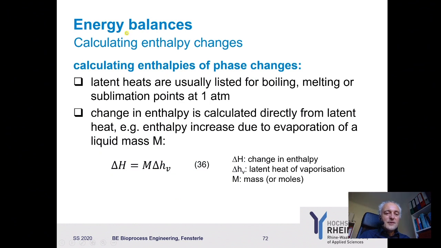Now, to calculate the enthalpy of a phase change, you usually have them listed for boiling, melting or sublimation points at 1 atmosphere. If you come to the temperature where it's listed, you can directly multiply it with the mass, and then you have your change in enthalpy from this latent heat.